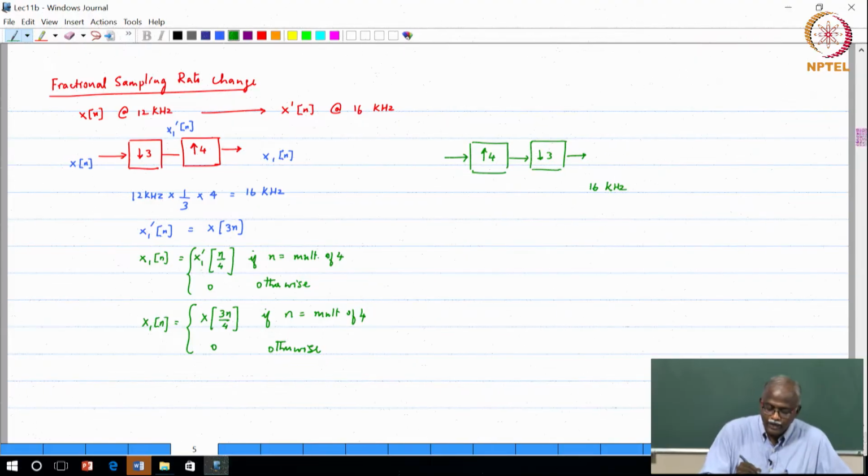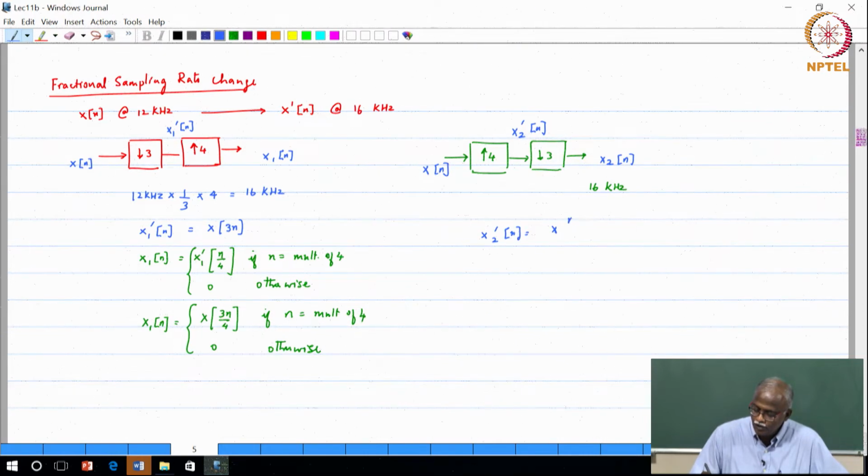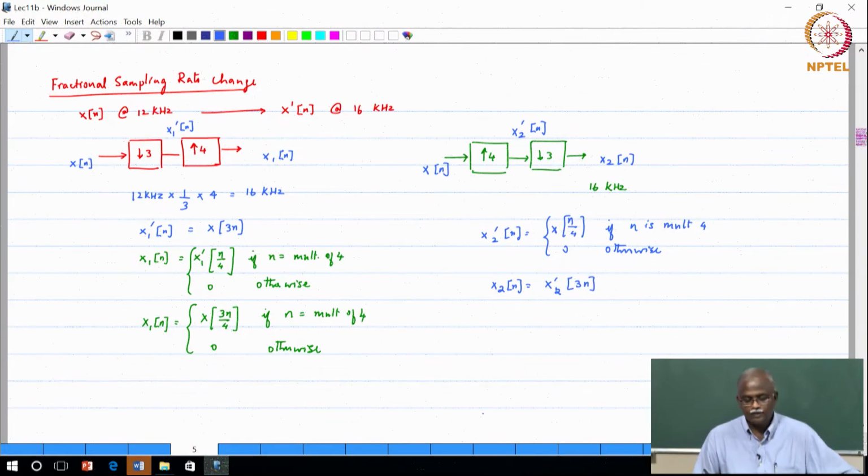Now, let us look at this sequence. Same input x of n, let the output be called x2 of n and the intermediate signal x2 prime of n. Now, x2 prime of n is x of n by 4 if n is a multiple of 4, 0 otherwise, and x2 of n is equal to x2 prime of 3n, downsampled.